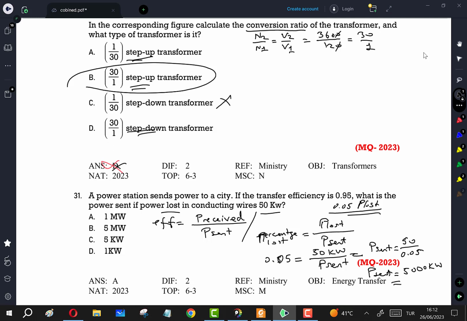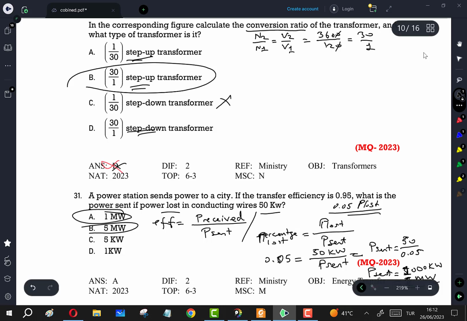When we convert it to megawatt, it becomes 5 megawatt. Sorry, 50 divided by 0.05 is 1000 kilowatt, so 1 megawatt is the correct answer.